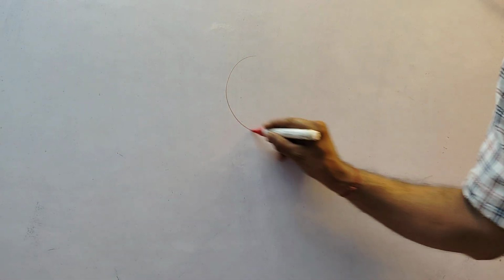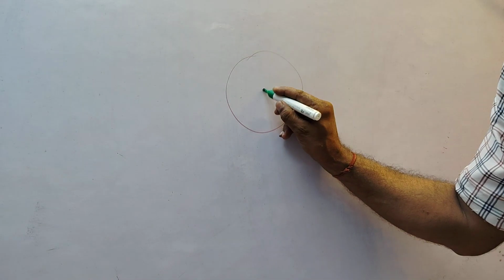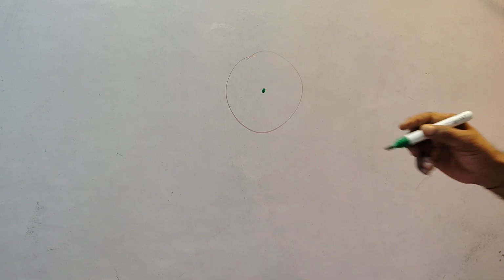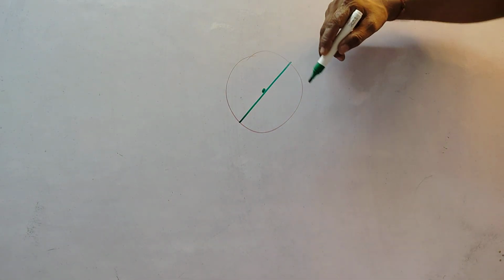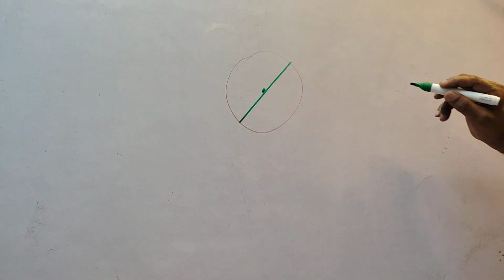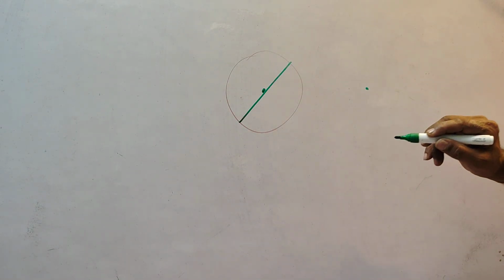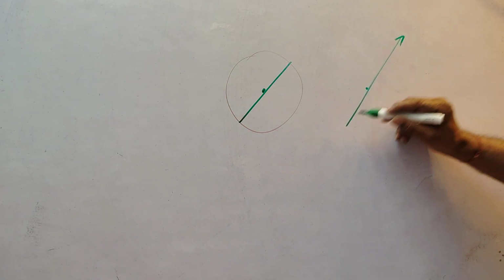How many diameters in a circle can we possibly draw? How many maximum diameters can we draw in the circle? From 1 point, how many lines can pass?